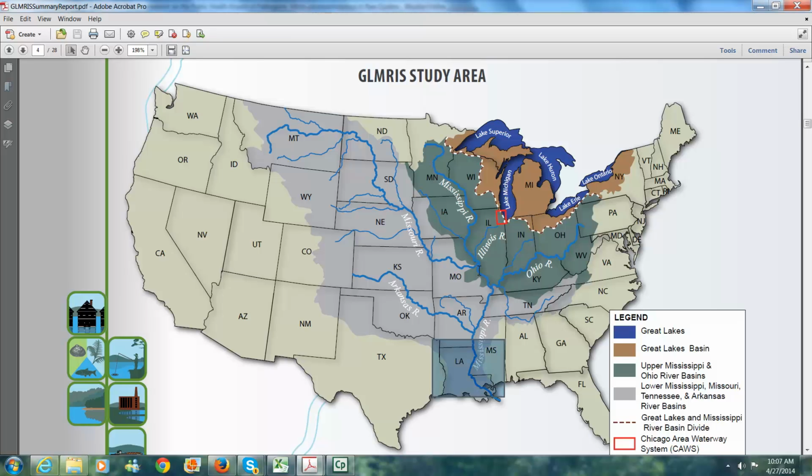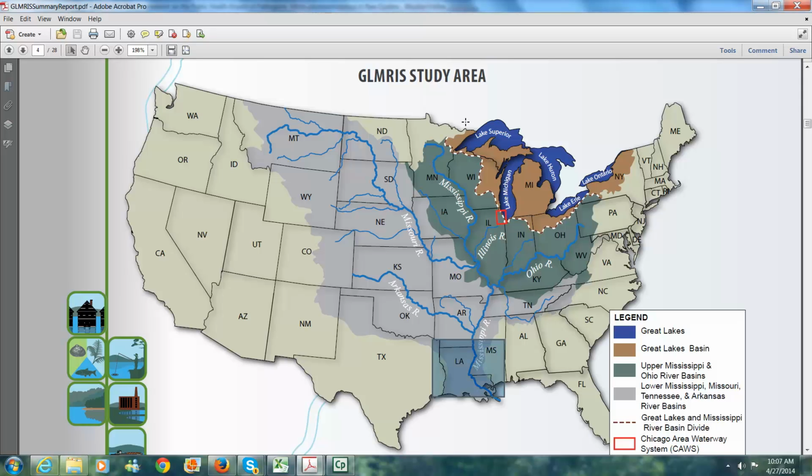The Great Lakes River Basin, or the Great Lakes watershed, is shown as the blue Great Lakes and the brown Great Lakes Basin. Now, to the north, and not shown here, would be Canada. So the Great Lakes represent international waters. Over the years, aquatic nuisance species have been introduced to the Mississippi River.